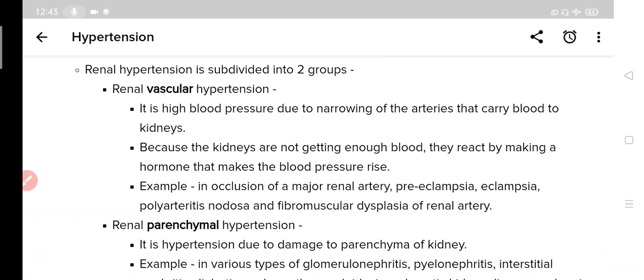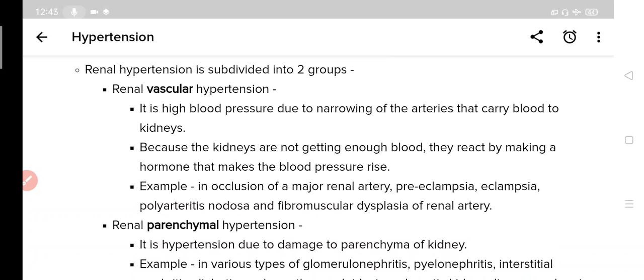Examples of the diseases in which this happens are occlusion of major renal artery, preeclampsia, eclampsia, polyarteritis nodosa, and fibromuscular dysplasia of renal artery. All these diseases can cause release of that hormone, and that will result in increased blood pressure.